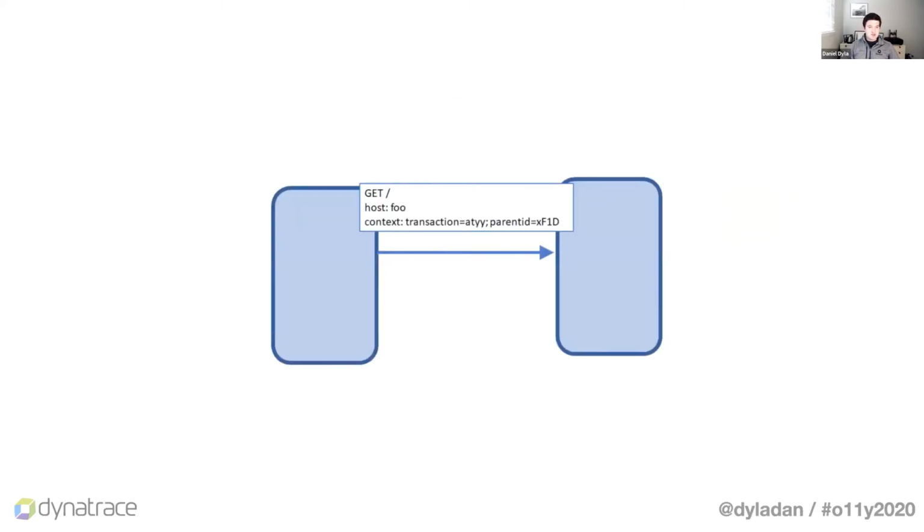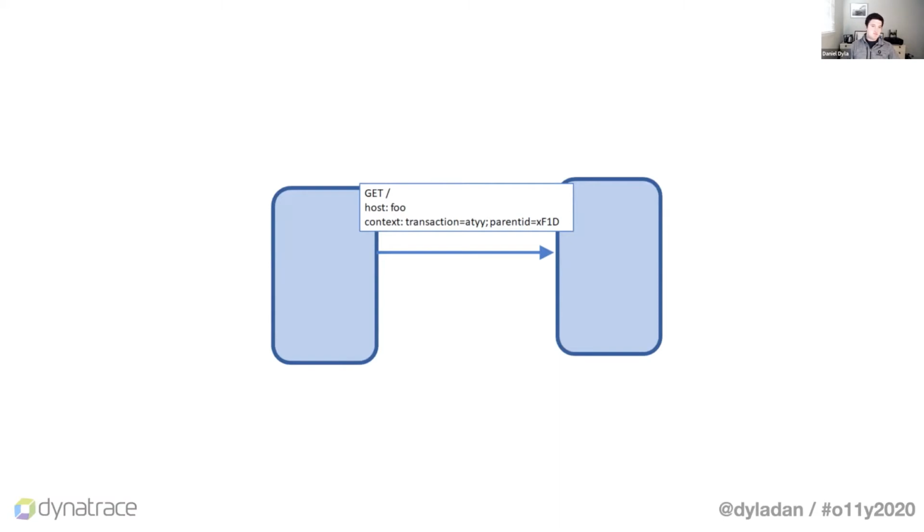Now I'm going to talk to you a little bit about how these spans get propagated. Typically, when you have an outgoing web request from an instrumented service, it would add a trace ID and a span ID on the transaction, usually as an HTTP request header.